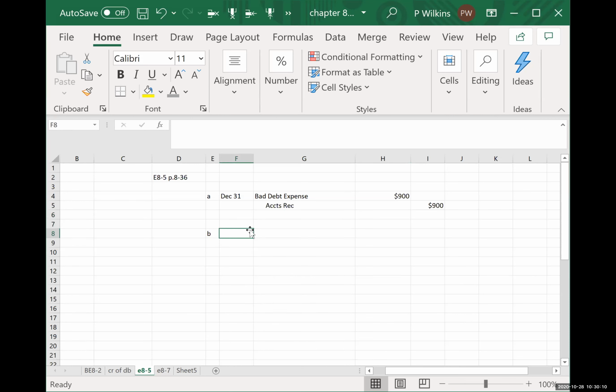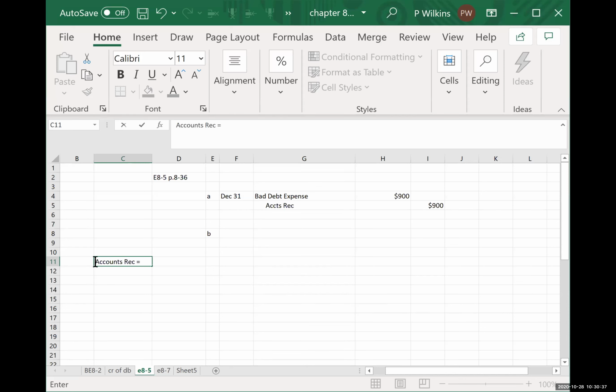B says, if allowance for doubtful accounts has a credit balance of $1,100 in the trial balance, journalize the adjusting entry December 31, assuming bad debts are expected to be 10% of accounts receivable. So we have to do some math here. So accounts receivable in this problem is equal to what?